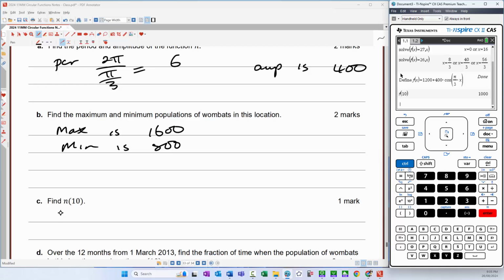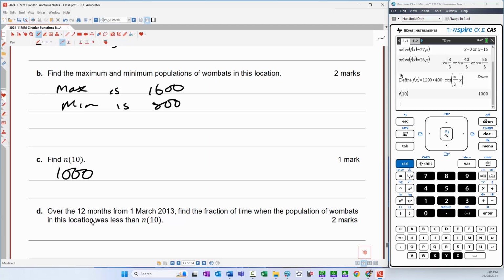Pretty easy mark that. Over the 12 months from there, find the fraction of time when the population of wombats at this location was less than n of 10. Okay, so less than 1,000.